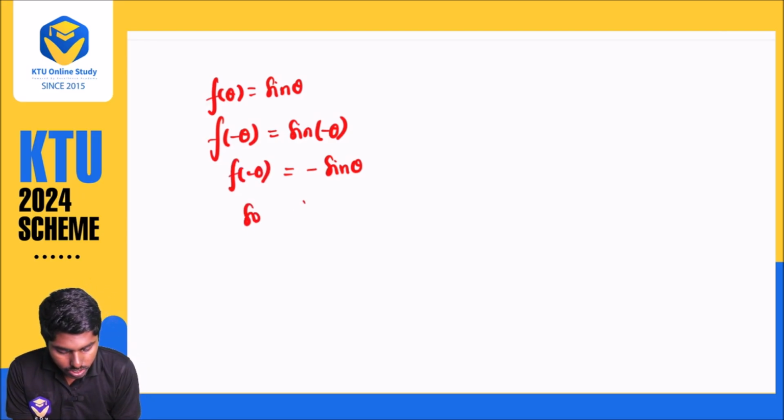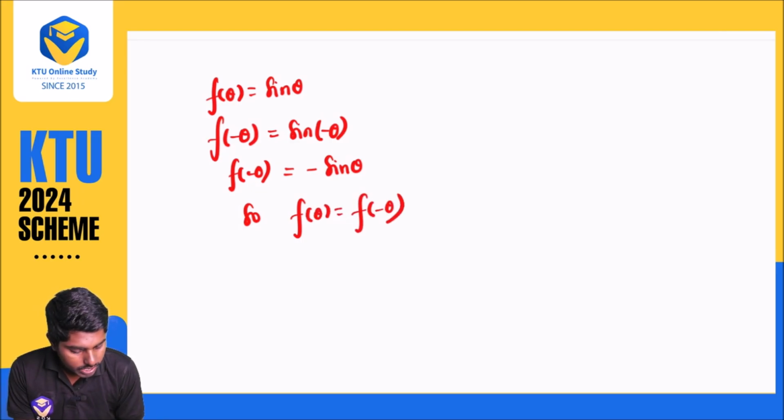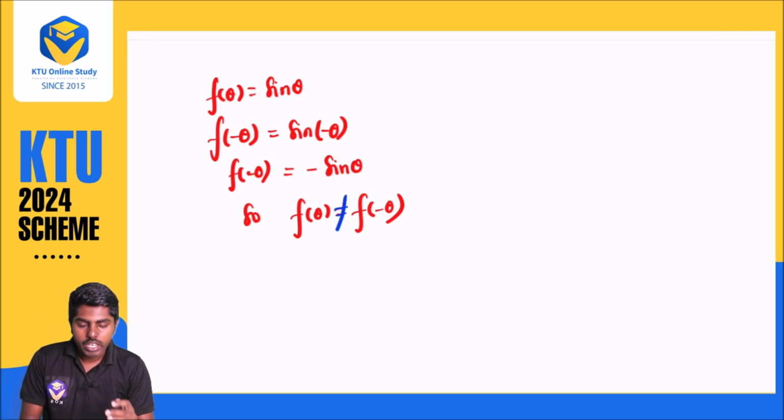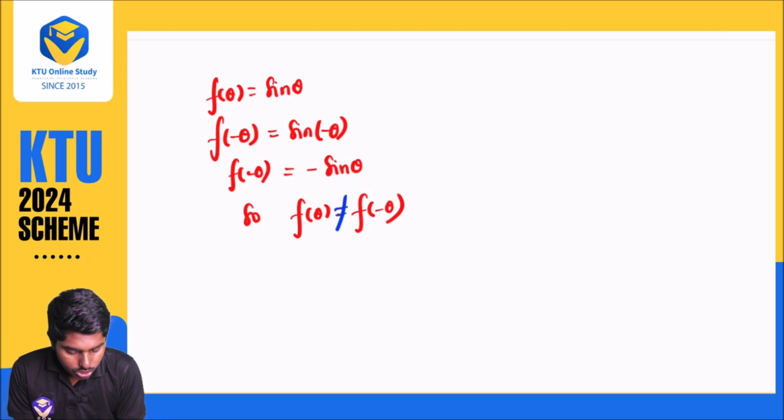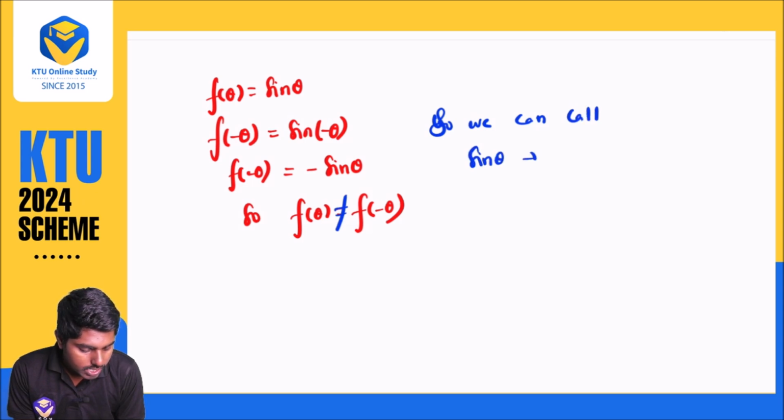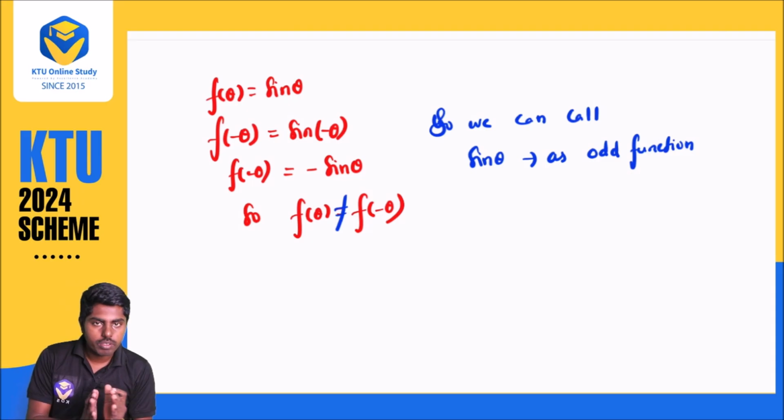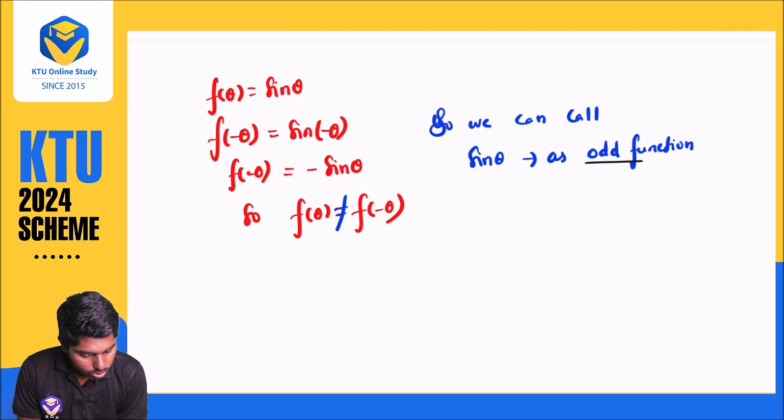Here f of theta is not equal to f of minus theta. So we can call sin theta an odd function. These are some of the basics you want to know: sin theta is an odd function, and cos theta is an even function.